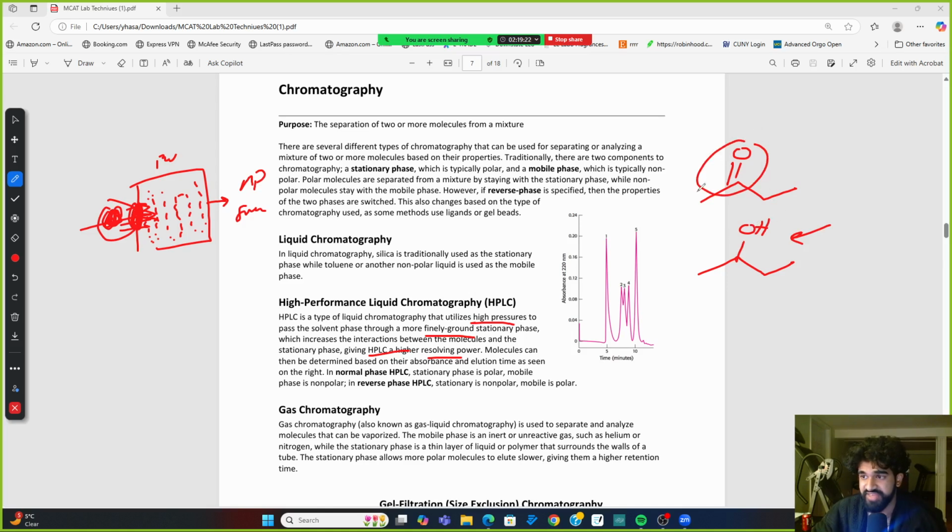This is going to have less of that interaction because it doesn't bond to itself as much, because of the decrease in the hydrogen bonding, and the fact that the oxygen is only bound to the carbon and not the hydrogen. Does that make sense? So this is actually going to follow the polar phase, and this is going to follow the nonpolar phase more. So this is going to come out faster. Does that make sense?